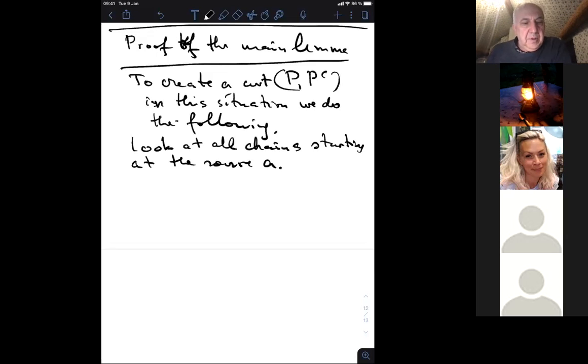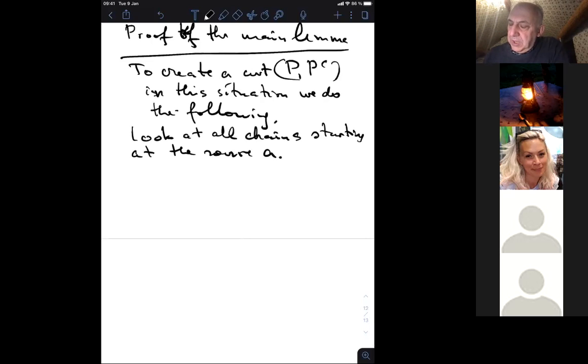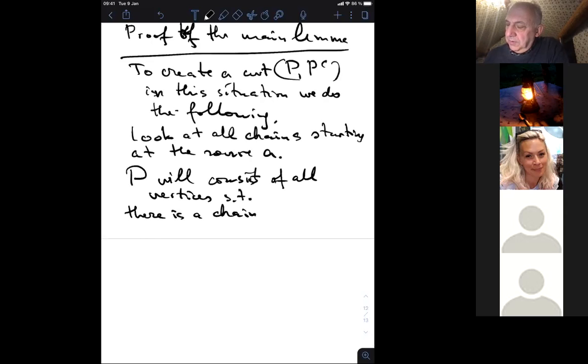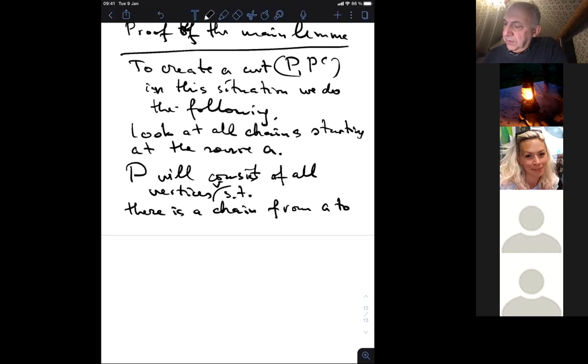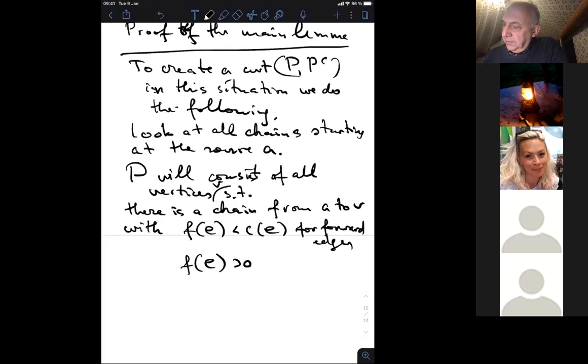P will consist of all vertices V such that there is a chain from A to V with the flow at each forward edge smaller than the capacity for forward edges, and F of E positive for backward edges.